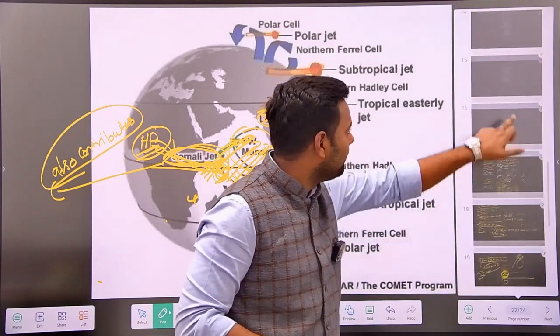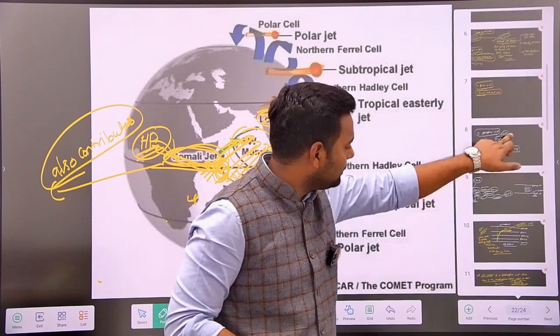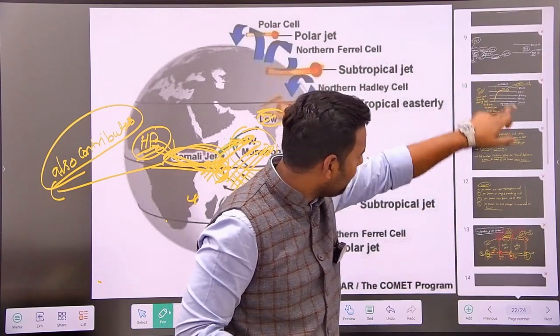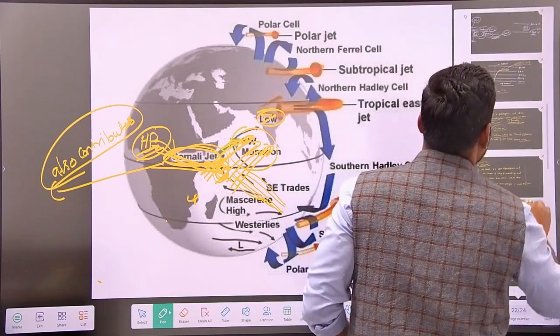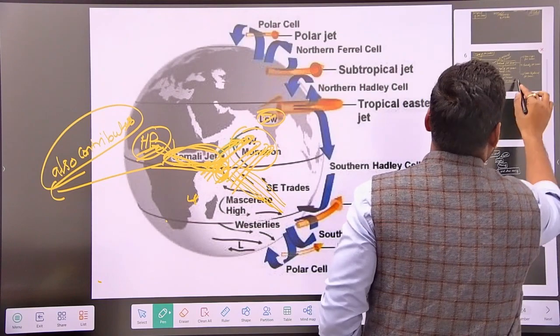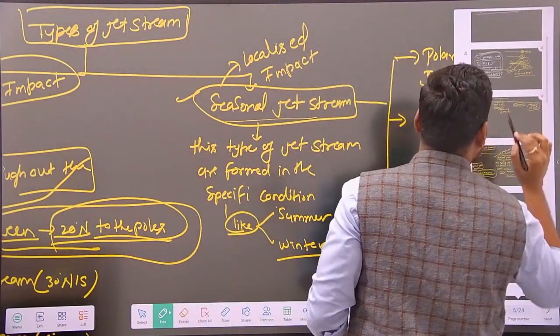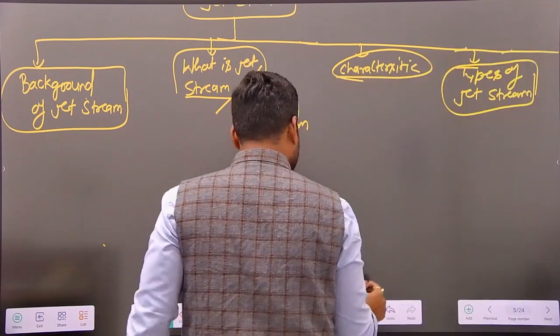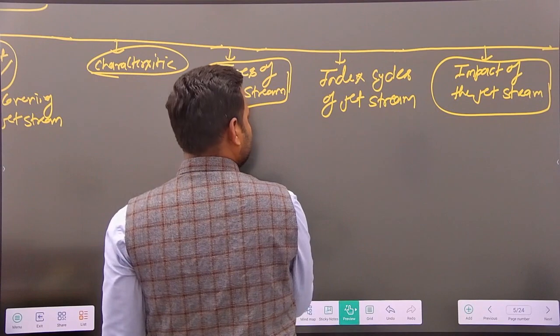And again, we go back to the synopsis. Let's find out where our synopsis is. Yes, here is our synopsis: the impact of jet stream.